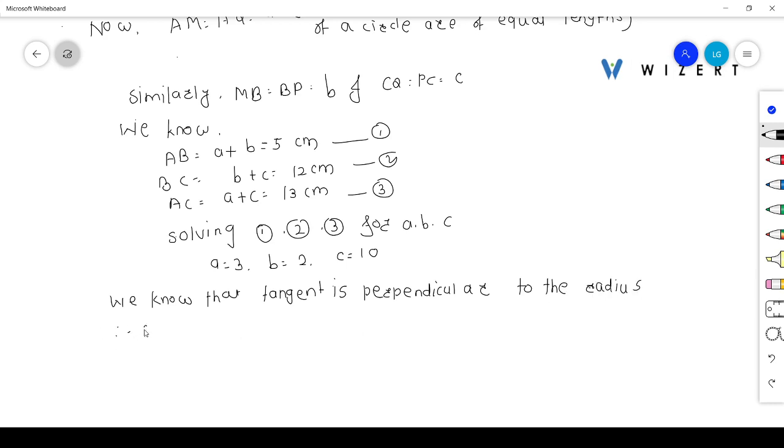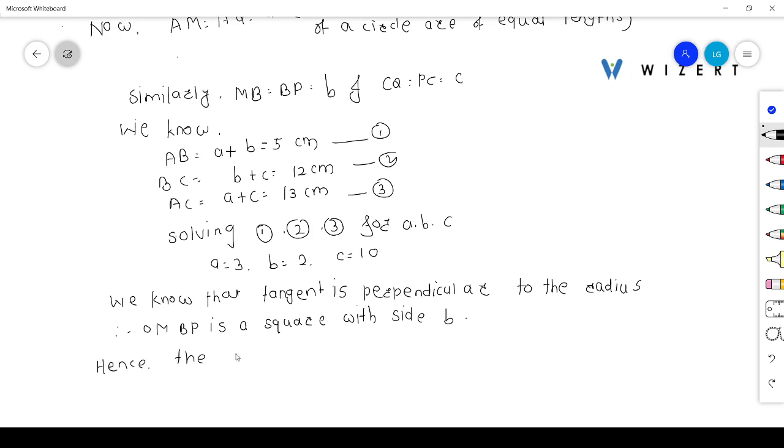Therefore, OMBP is a square with side B.